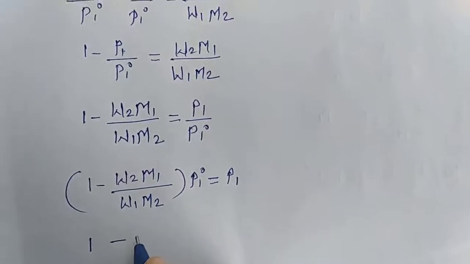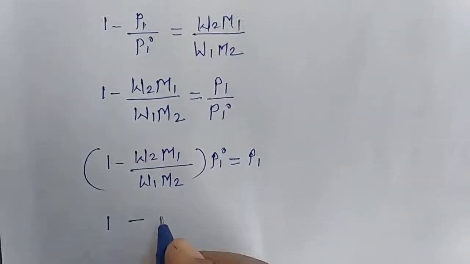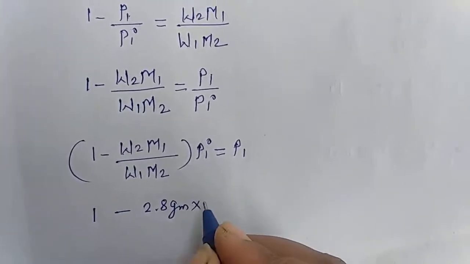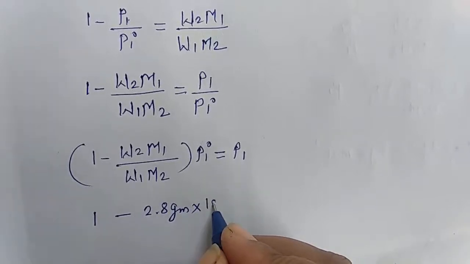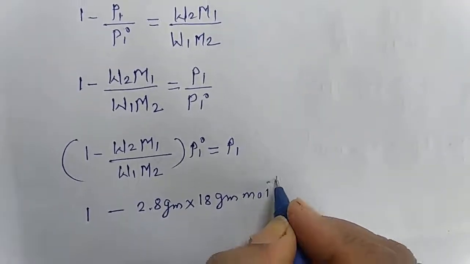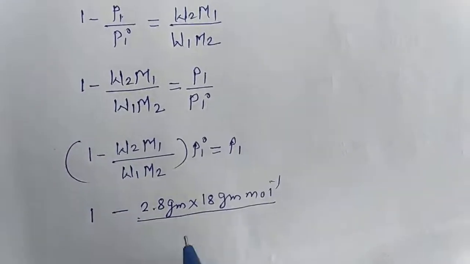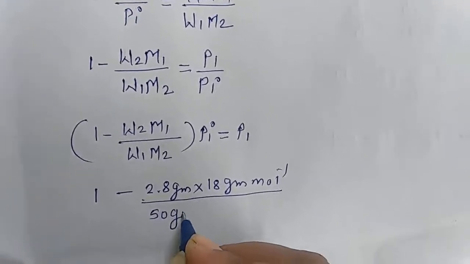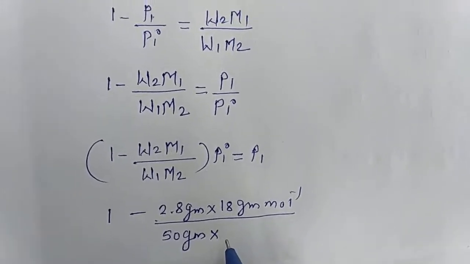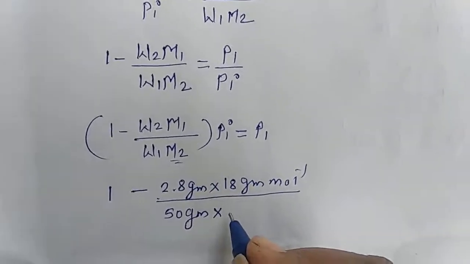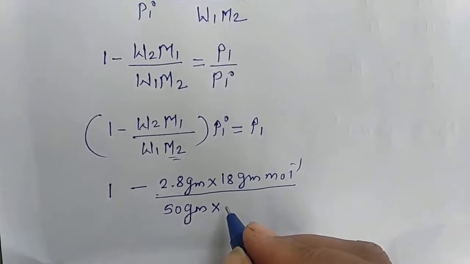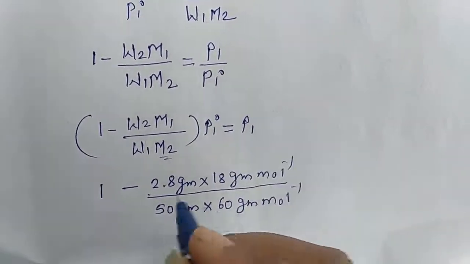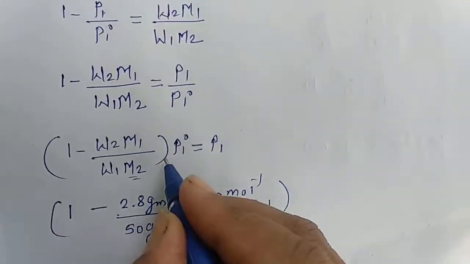1 minus W2, that is the weight of solute, is given by 2.8 gram. M1 is the molecular weight of solvent, is given as 18 gram per mole, upon W1, the weight of solvent, which is 50 gram, and M2 is the molecular weight of solute, that is urea, equal to 60 gram per mole here, and into P10.